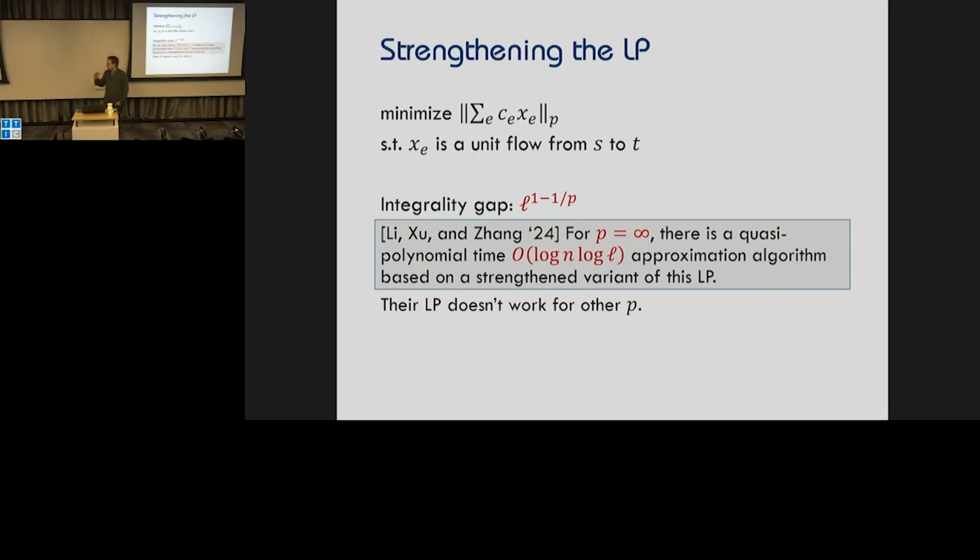The algorithm runs in quasi-polynomial time. That's an amazing result, but unfortunately, this approach cannot be generalized to other values of p, as far as we know, and we tried. They also obtained some other results that I will mention in a second.